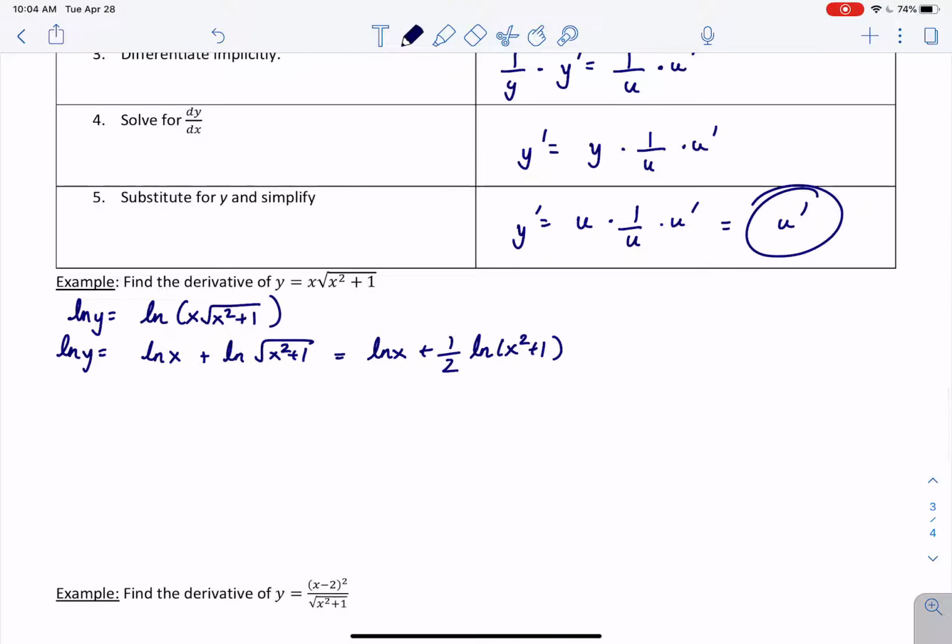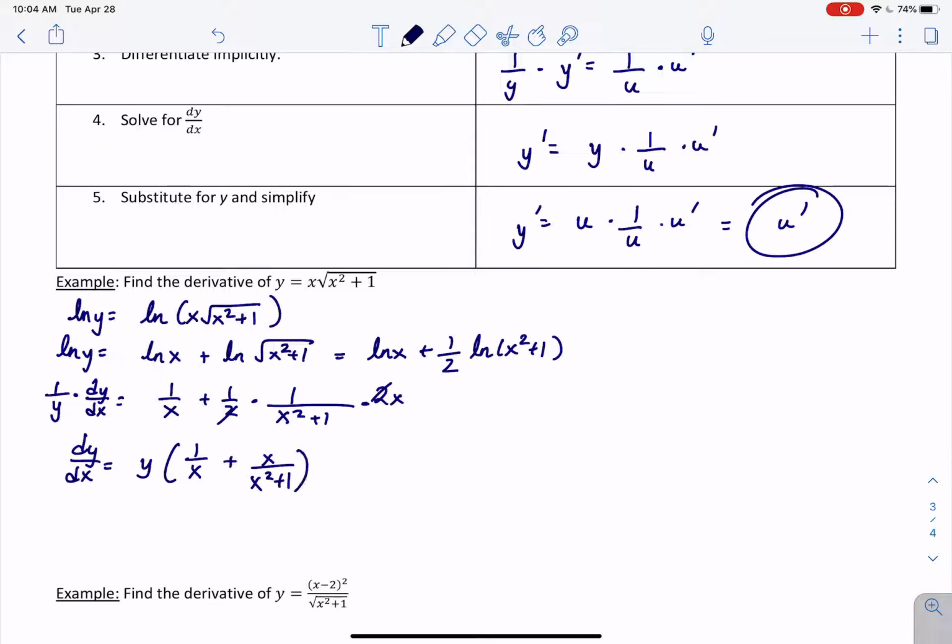So now I'm going to differentiate implicitly. So I get 1 over y times dy/dx equals 1 over x plus 1/2 times 1 over x squared plus 1 times 2x. So the 2's can cancel here. I'm going to multiply the y to the right side. So I get y times (1 over x plus x over x squared plus 1).